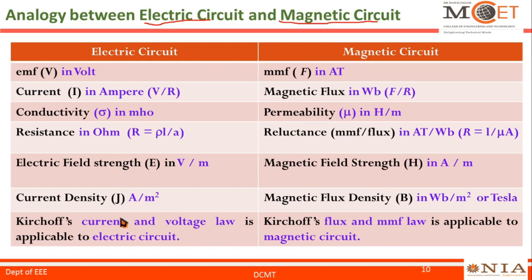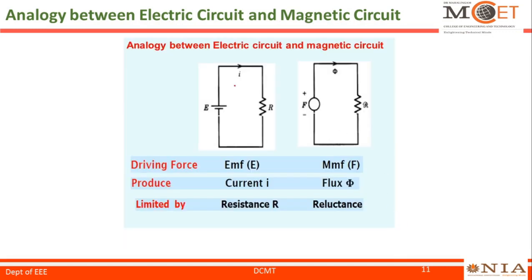In electric circuits, Kirchhoff's current and voltage laws are applicable. In magnetic circuits, Kirchhoff's flux and MMF laws are applicable. The diagram shows the analogy between electric circuit and magnetic circuit.